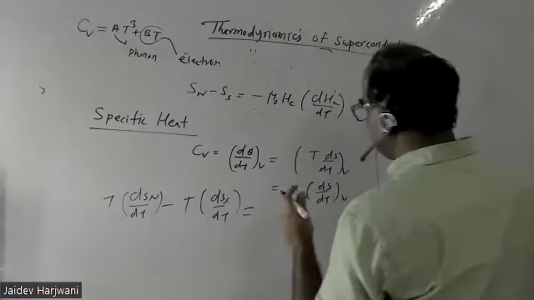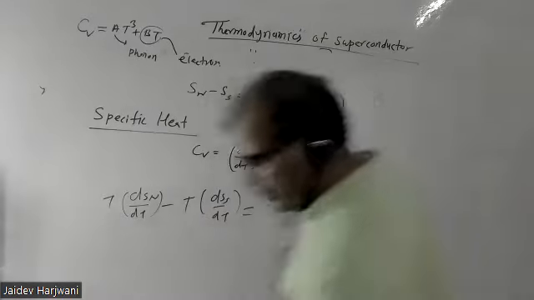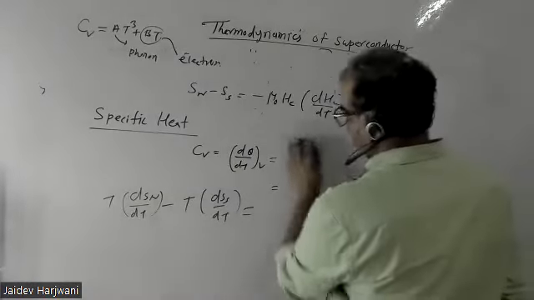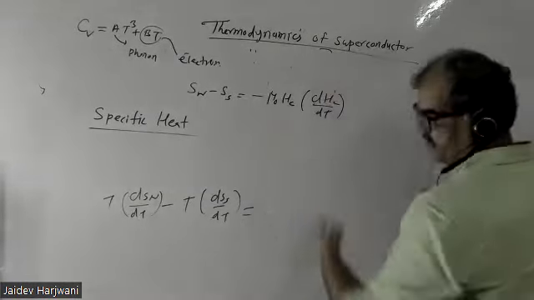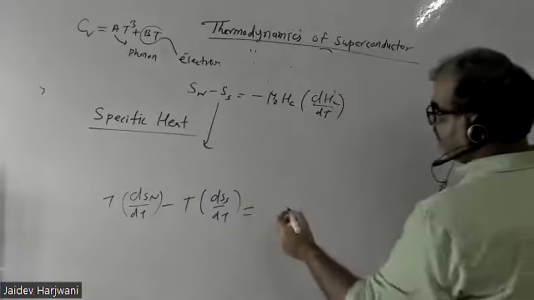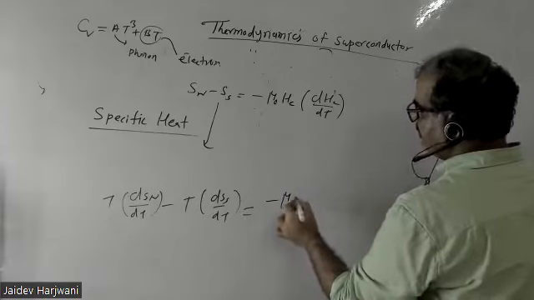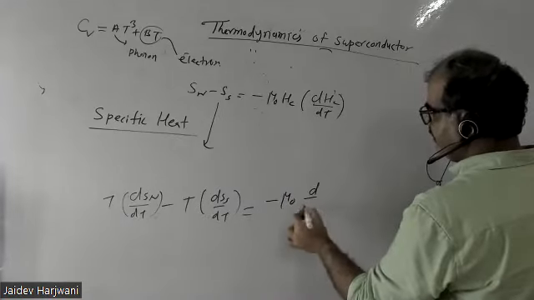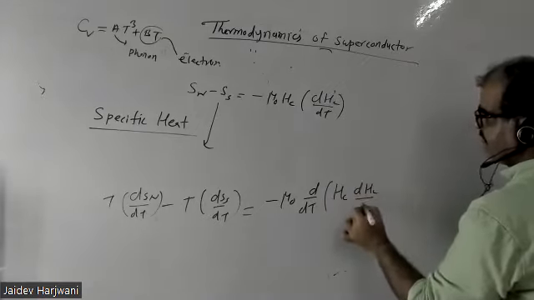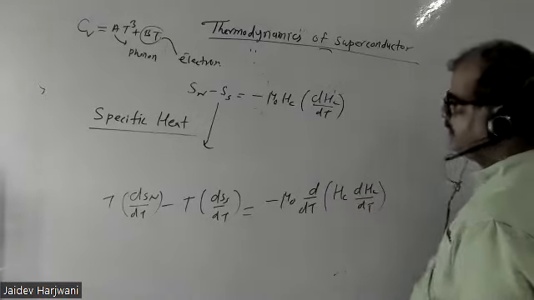Now differentiate this equation. This will give me mu naught d upon dt of the Sc term and dSc upon dt.